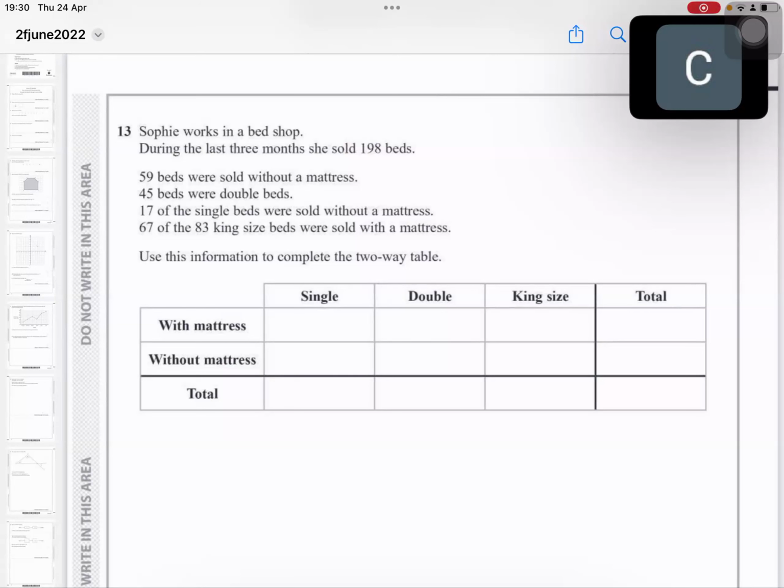But this is just data. 67 of 83 king size beds were sold with a mattress. Use this information to complete the two-way table.